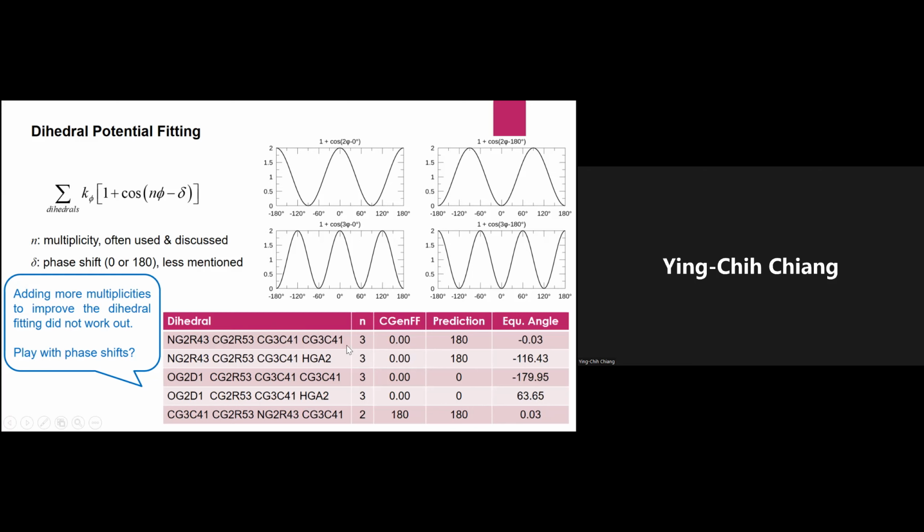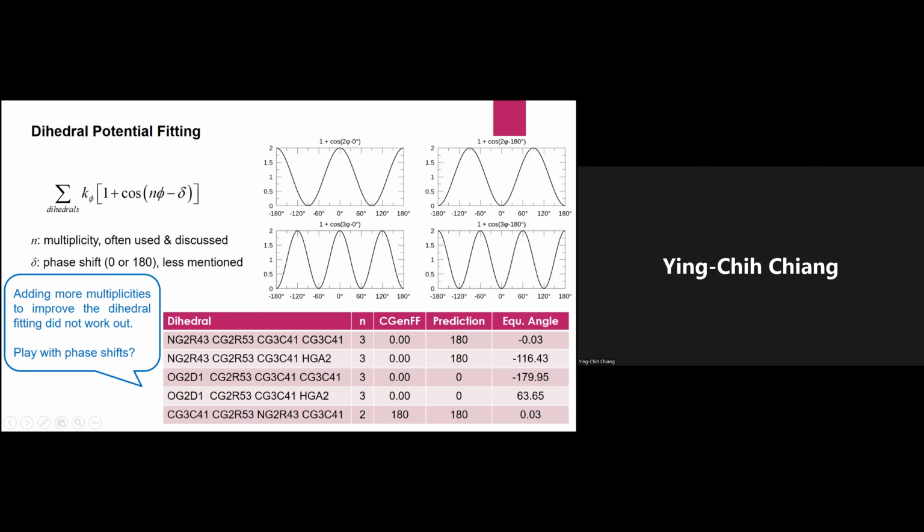For instance, for the first dihedral angle here, the predicted multiplicity n is 3, and CGenFF predicts a phase shift of 0. If you take n equal to 3 and the phase shift to be 0, and plot how the potential looks, you will find that its minimum potential appears at 60 or 180 degrees.